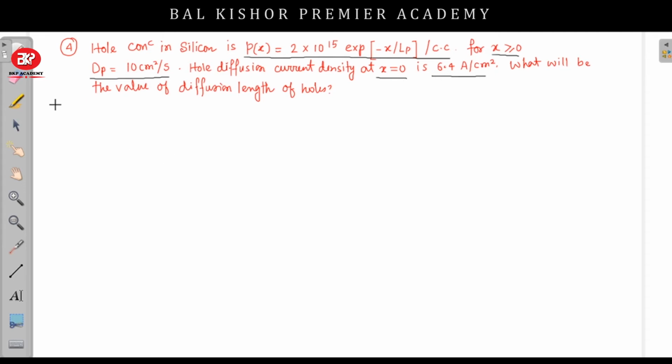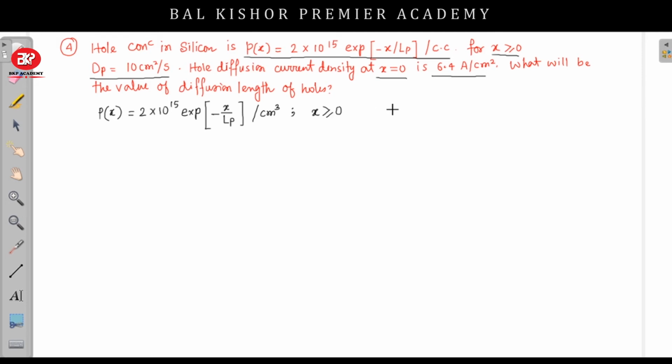Let us do the solution. The px value, that is the hole concentration, is given by px equals 2 into 10 to the power 15 exponential minus x by Lp per centimeter cube, and this is valid for x greater than or equal to 0.